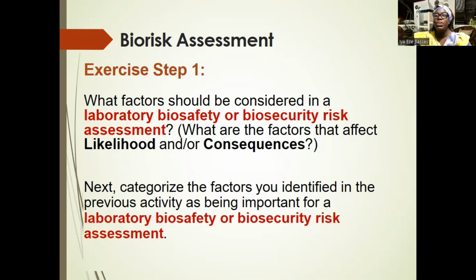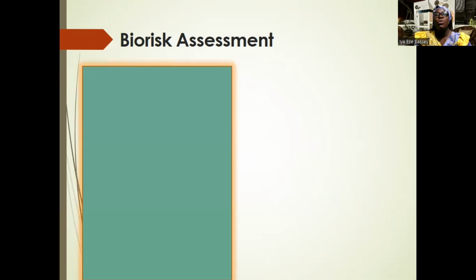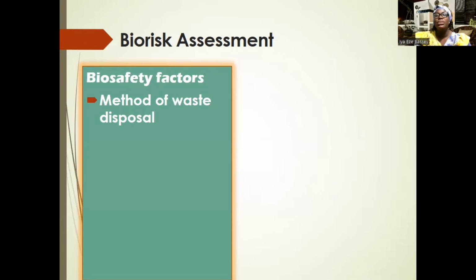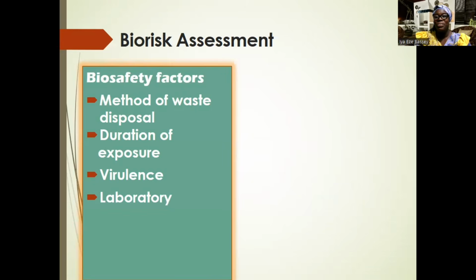All right. So what do you think we need, or what do you think are important? And then group them under biosafety or under biorisk. All right. So let me see what we have. For the biosafety factors, things that could affect our biorisk assessment include your method of waste disposal, your duration of exposure to the pathogenic material, what is the virulence of that material, what is your laboratory design like, and what is the route of exposure of that pathogen or of that toxin.